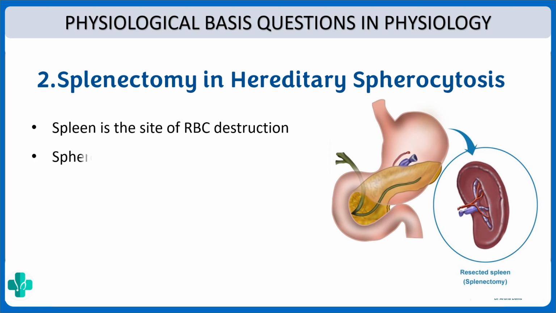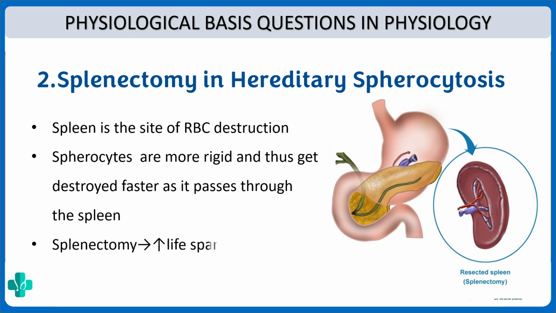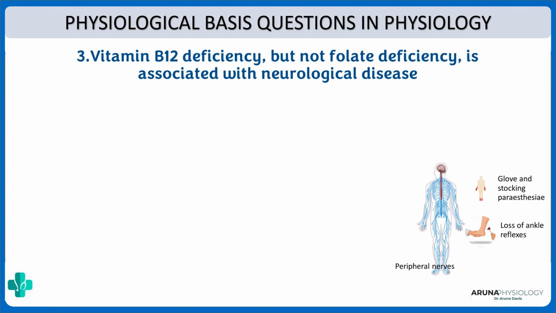So spherocytes are more rigid, and they get destroyed faster as they pass through the spleen. So once you remove that spleen, you can increase the lifespan of RBC, and thus splenectomy is a treatment for hereditary spherocytosis.